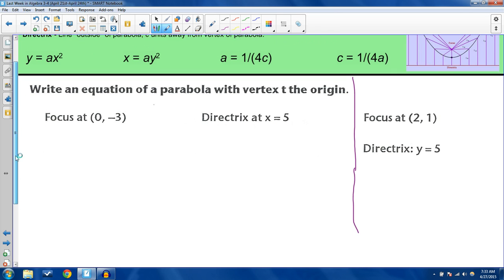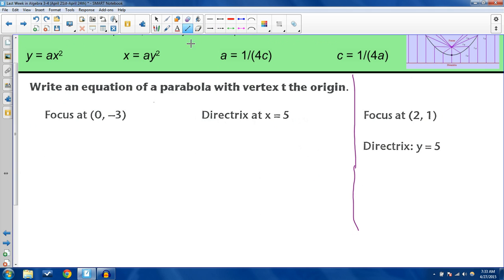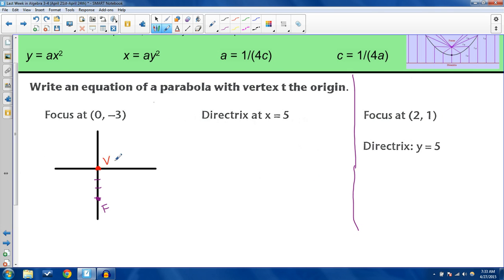If your vertex is at the origin, it might be helpful to draw these. If you do negative 3 as your focus and your vertex is at the origin, you have to think about what this graph should look like.